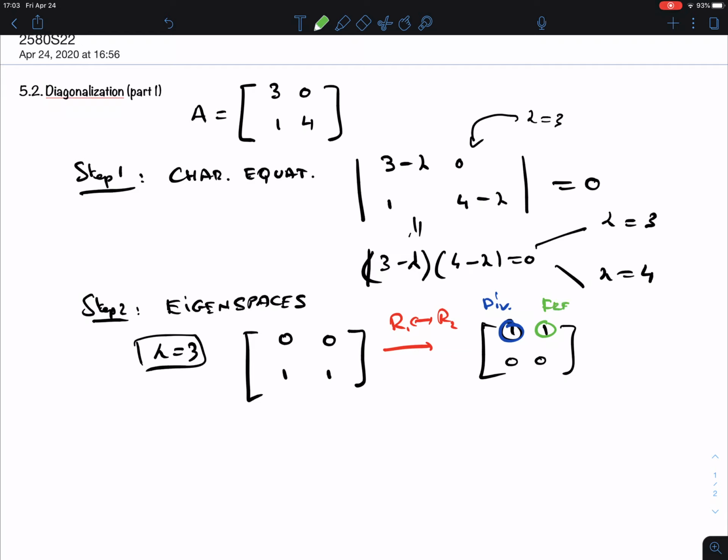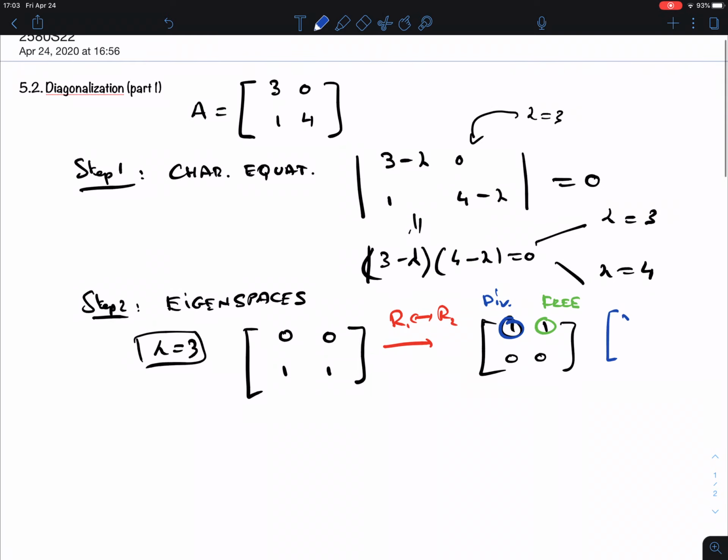And we know that we need to have a free variable here because that's exactly what we are imposing with our characteristic equation, to determine that there is at least one non-zero solution. Okay, so this means I'm going to use x and y instead of x1 and x2. x is the pivot variable in terms of the free variable.